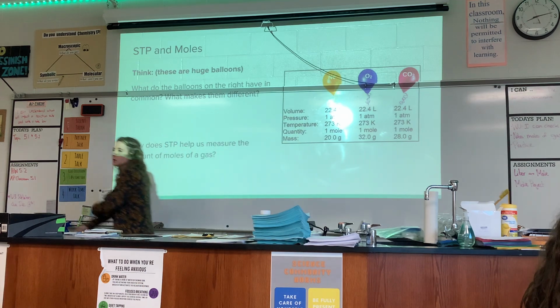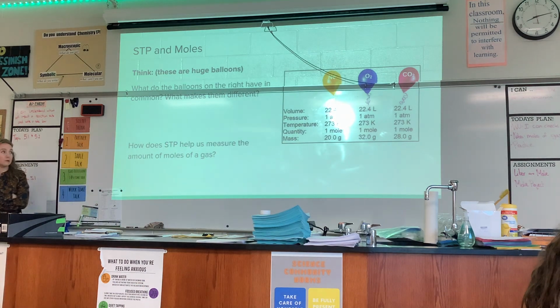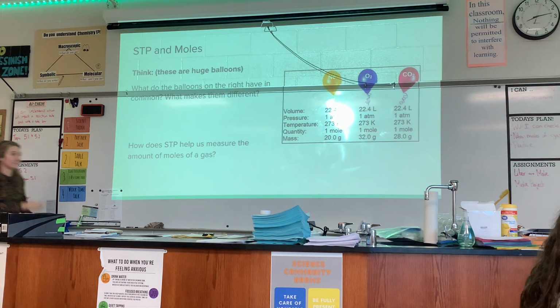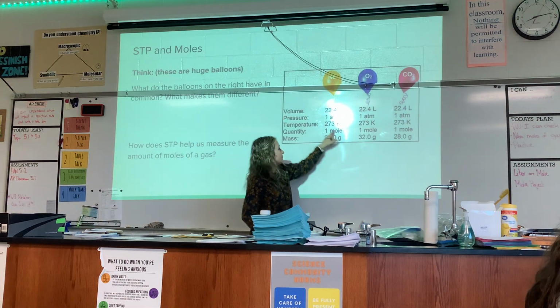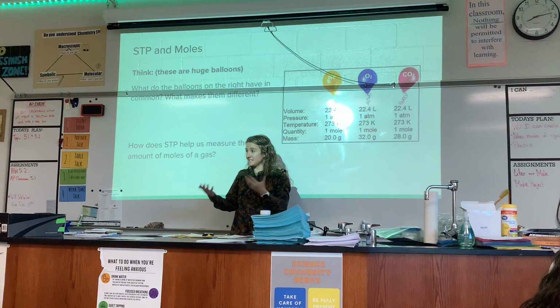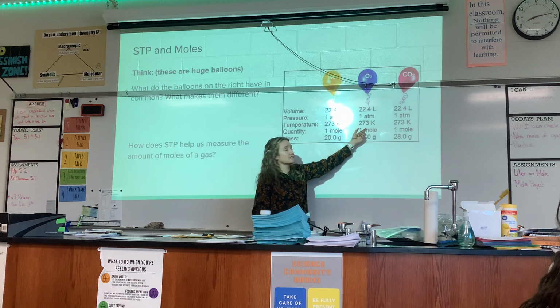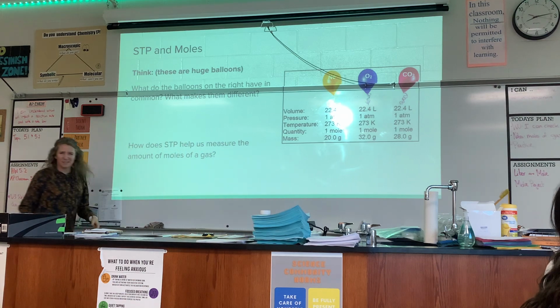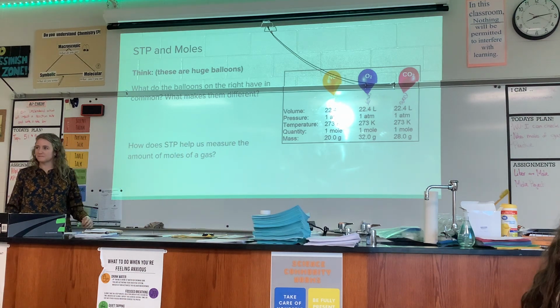Now, what do you notice though is different about the 3 balloons? The mass. Okay, they're going to have different masses because 1 mole of neon, as we did last time, isn't the same mass as 1 mole of the others. But in terms of the liter relationship, it's actually the same, which is pretty cool. Okay, questions on that before we try some problems?